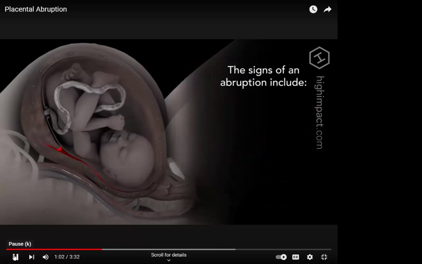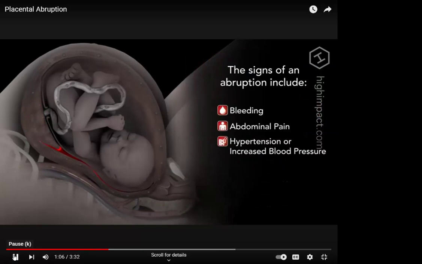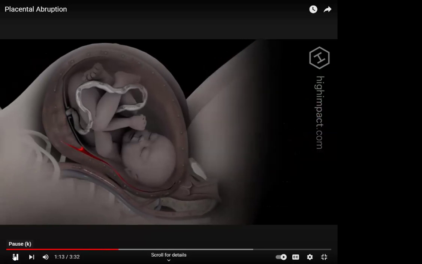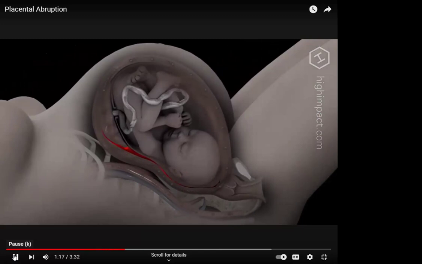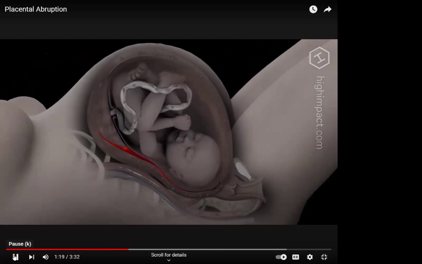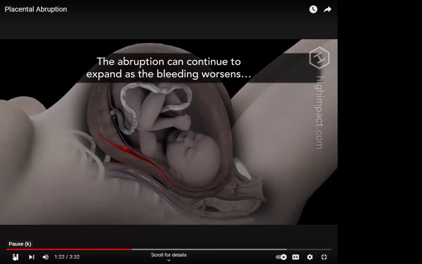The signs of an abruption include bleeding, abdominal pain, hypertension or increased blood pressure, and uterine irritability. The abruption can continue to expand as the bleeding worsens.